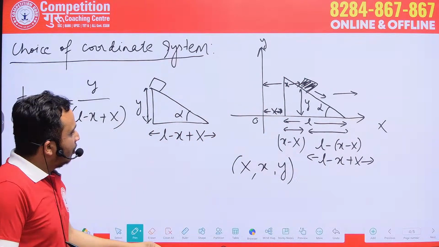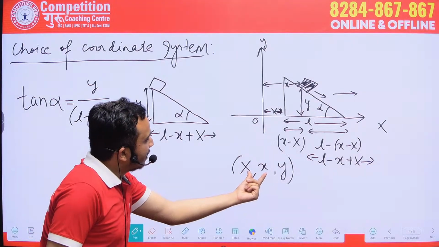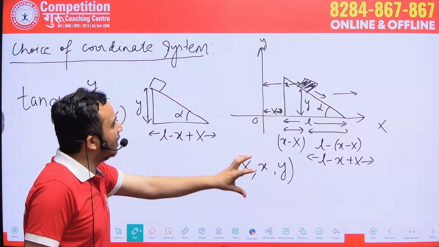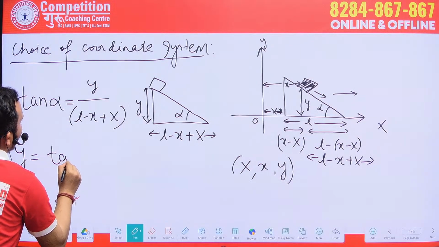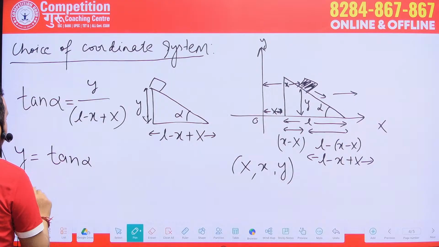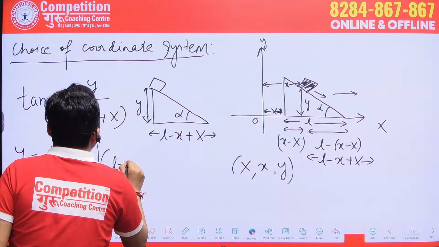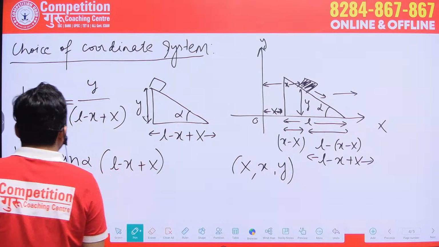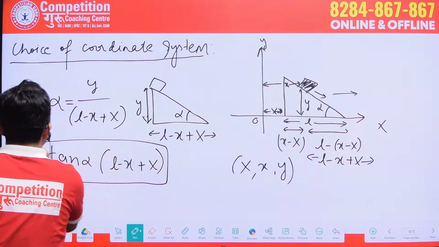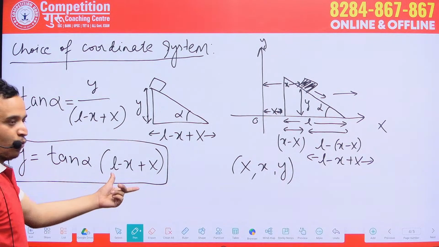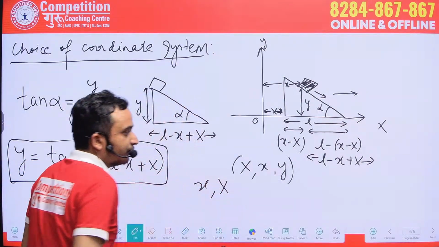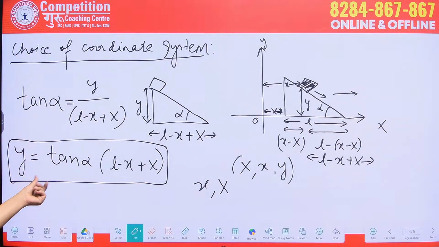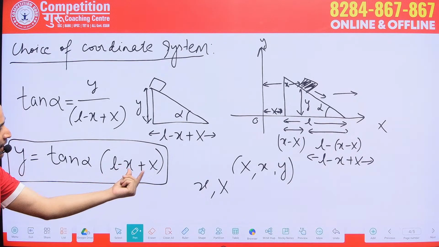These three coordinates x, y and X are related by an equation: y is equal to tan alpha multiplied by L minus x plus X. So here we can say that the independent coordinates are two, x and X, and y is a dependent coordinate because it depends upon these two, small x and capital X.